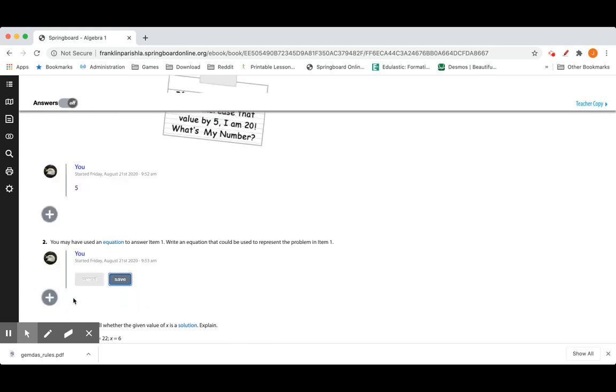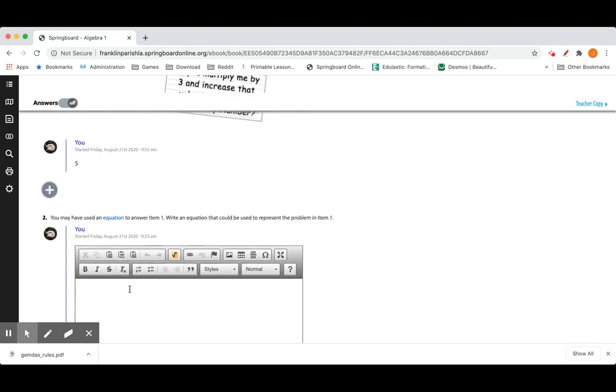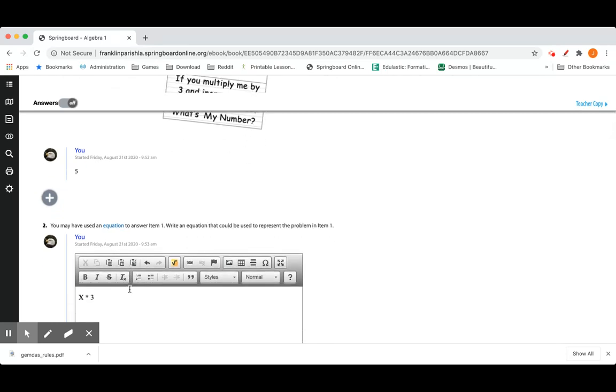That's what we're going to write as our variable, x, or any letter that we pick. It could be A or C or Z, but we're just going to use x for this example. Multiply by 3, so x times 3, and increase that by 5, plus 5.